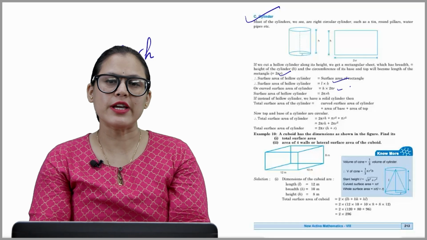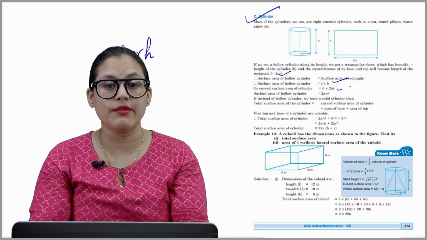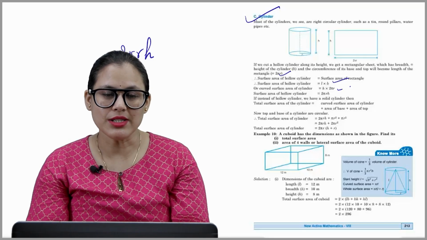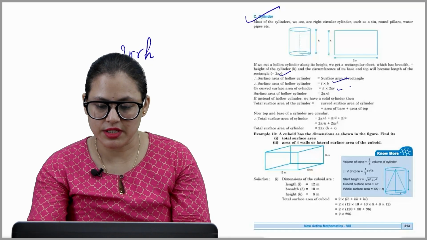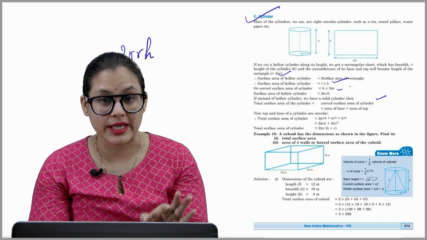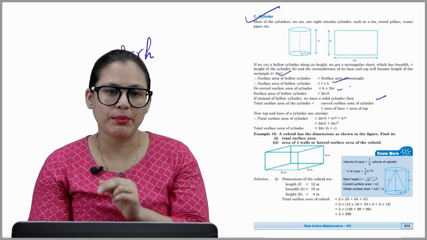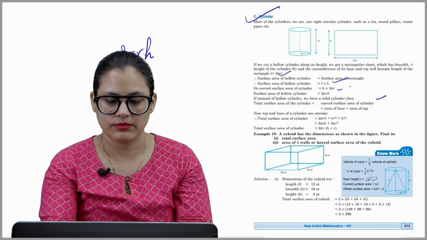If instead of a hollow cylinder we have a solid cylinder, then the total surface area of the cylinder is the curved surface area plus the area of the base plus the area of the top. Now the top and base of a cylinder are circular.